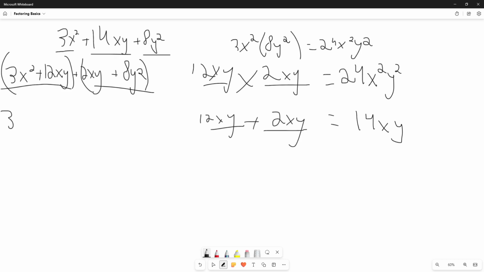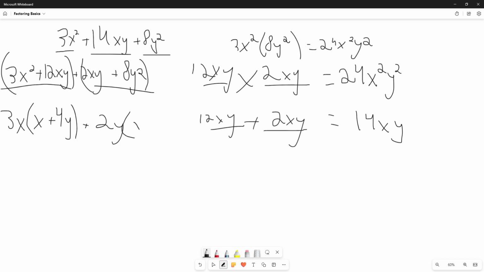We say 3x, because that's our common term out of the first one. We have an x, because 3x squared divided by 3x is x, and 12xy divided by 3x is 4y. And then out of this term, we have a 2 and a y. 2y is able to be taken out of both of them.